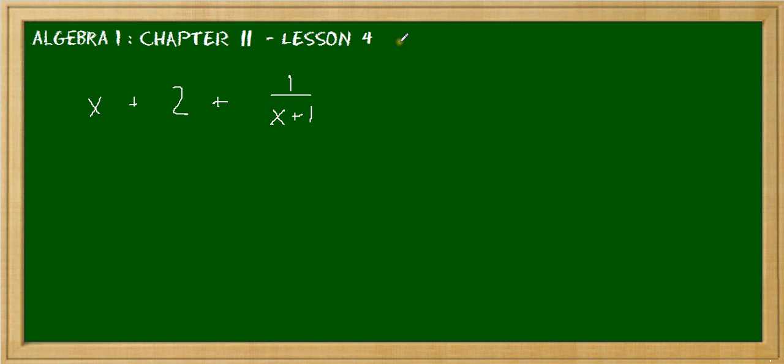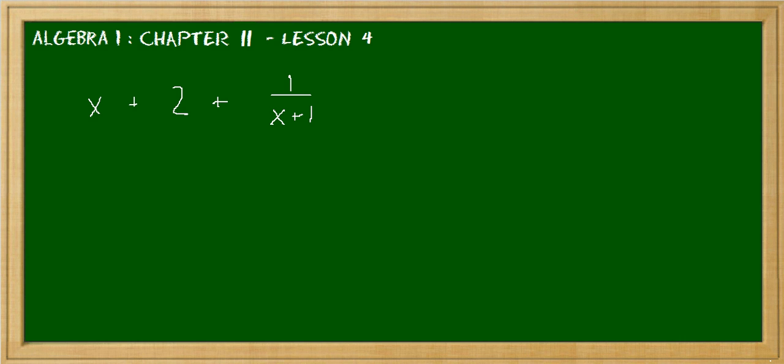I can prove that by saying, well, what if x were 3? Then 3 plus 2 over 1 would be 5. And if I had just put x over 1 and 2 over 1, I would have had 3 over 1, and 2 over 1, again, is simply 5. So it's the same expression.